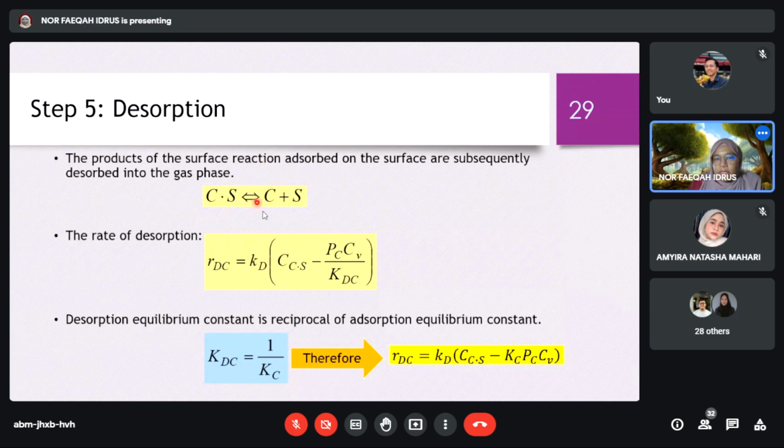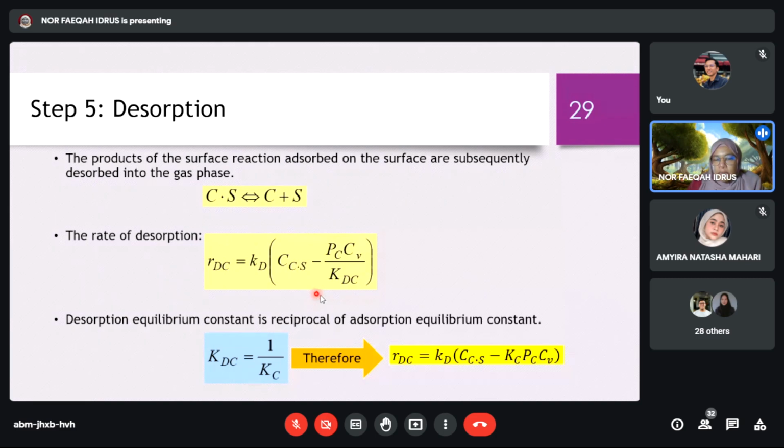Minus, so sekarang the product dah free from the active site, dia dah jadi dalam bentuk gas. That's why we write it in terms of partial pressure of the product C, P_C, multiplied with vacant site C_V, divided with the equilibrium constant for desorption of product C.